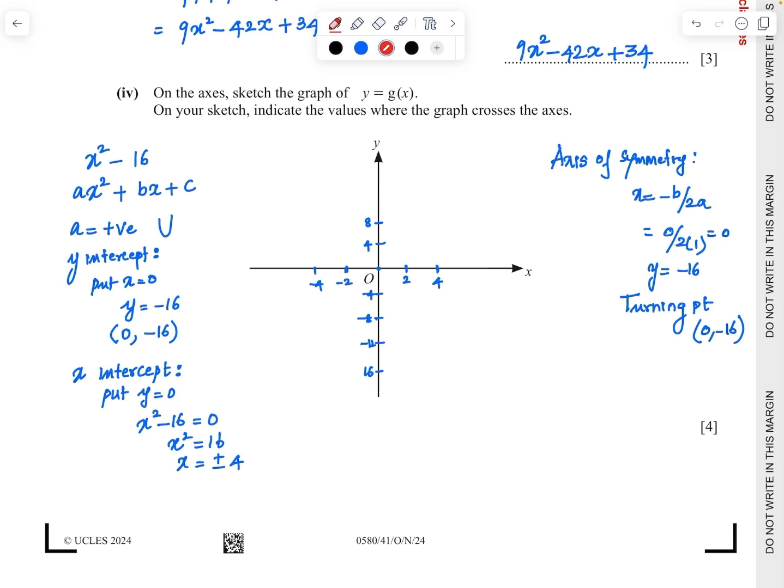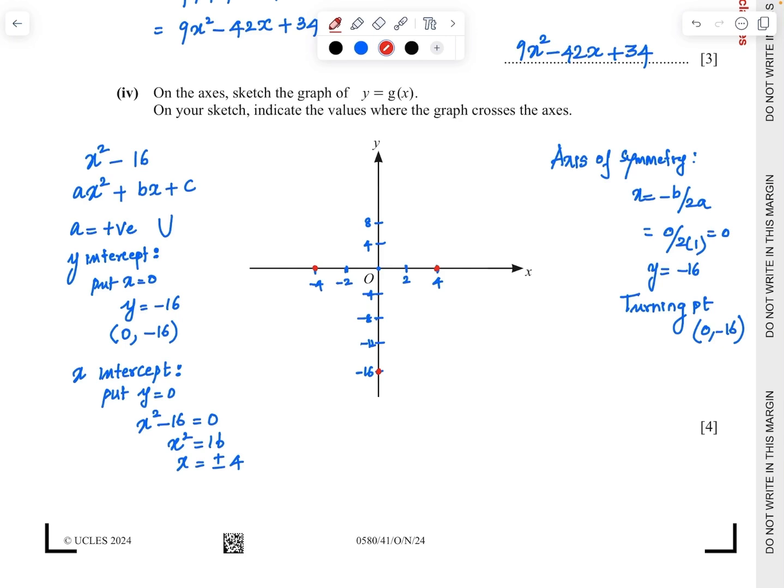The x-intercepts are plus 4 and minus 4. And then the turning point is 0, comma minus 16. That is the y-intercept also.